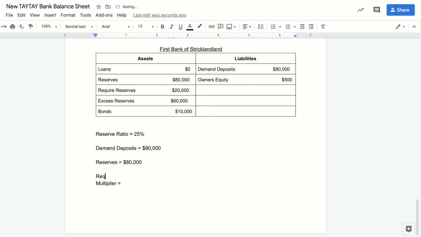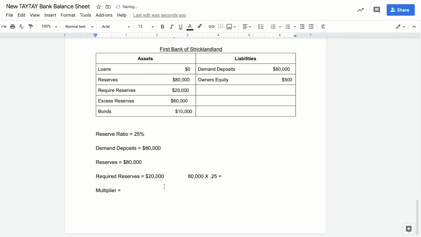That means the required reserves are 25% of $80,000, which is 80,000 times 0.25. This bank has to hold on to $20,000 at the moment.